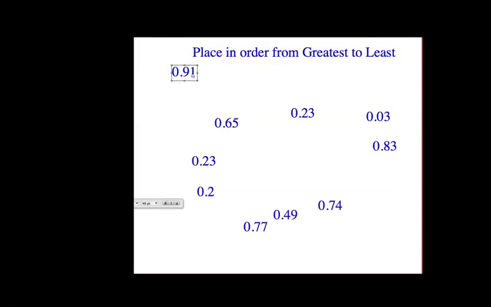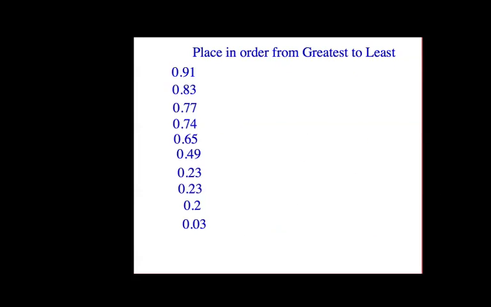So this is the greatest number in this set of numbers. Next, I want you to look for the number in the tenths place that has the next greatest value. If there are more than one, decide which one is larger. Do that for the rest of these sets of numbers and unpause when you're ready to move on.